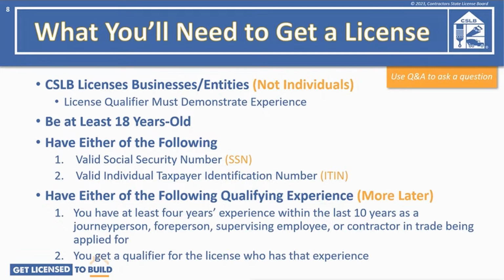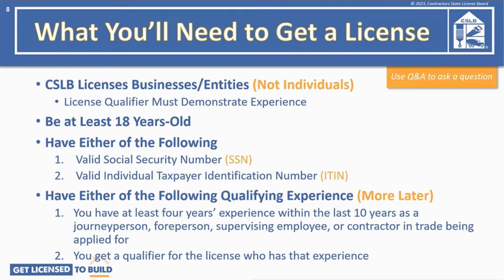Here is the short list of minimum qualifications you will need. You must be at least 18 years of age. You must have either a valid Social Security number or valid Individual Taxpayer Identification Number, or ITIN. You can qualify the license in one of two ways.